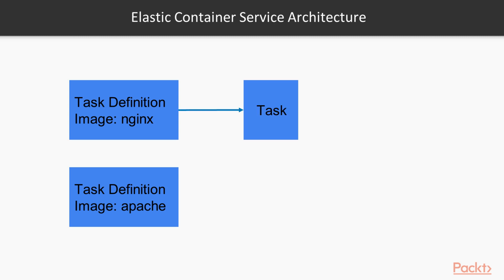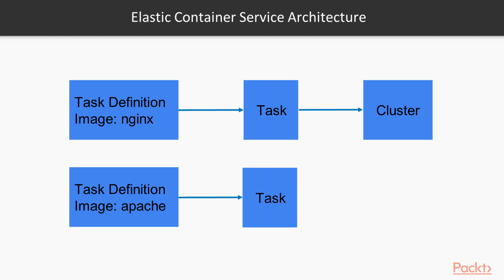Then for the first task definition, you can create a task and assign it to a cluster. The cluster is responsible for managing the containers in this architecture. Similarly, for the second task definition, you can assign another task and assign it to another cluster. Please note that you can use more than one task definition for the same cluster. Just for the sake of understanding, I have segregated the task definition, the task and the cluster.